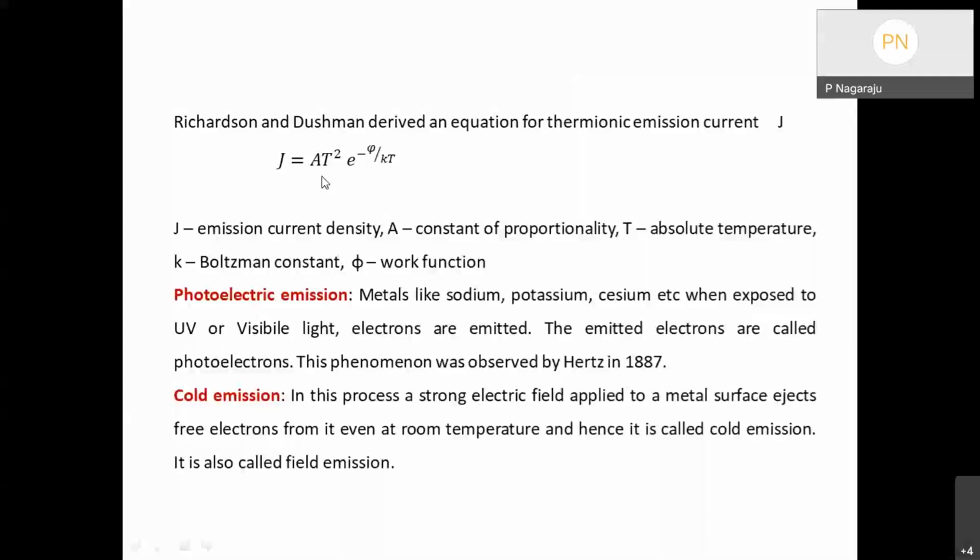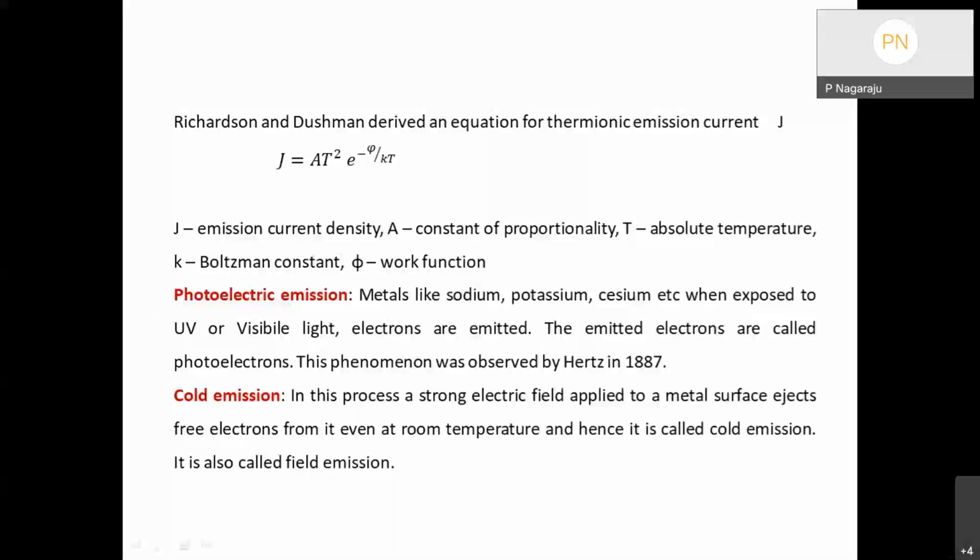J equals A T squared e to the power of minus phi by kT, where J is the current density, that is actually the thermionic current density. A, capital A, which I have used, is the constant of proportionality. And T, capital T, is the absolute temperature. k is the Boltzmann constant, and phi the work function. And then another important process is photoelectric emission.